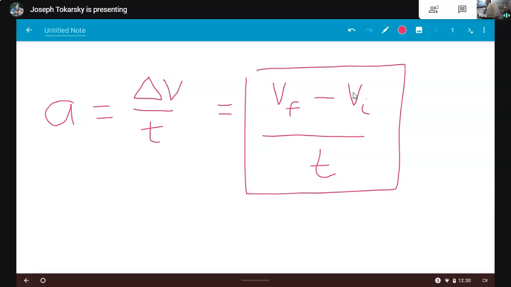You can even see in the formula, remember what I told you the most common unit is that we'll run into. What is it again? Meters per second squared. So if you have some ending velocity at the end of some time interval of 10 meters per second, and your initial doesn't always have to be 0, it could be anything, you could have 10 meters per second minus 5 meters per second is 5 meters per second, right? 5 meters per second divided by 2 seconds is meters per second squared.